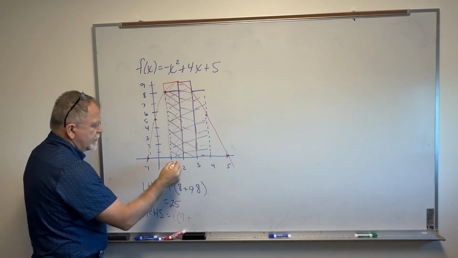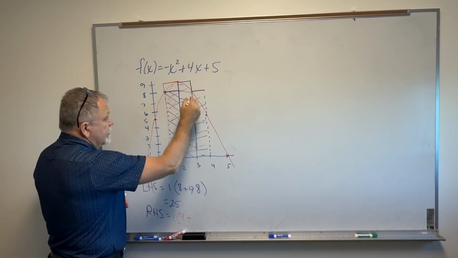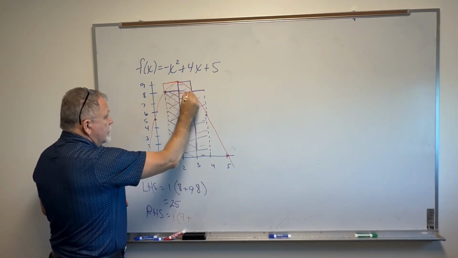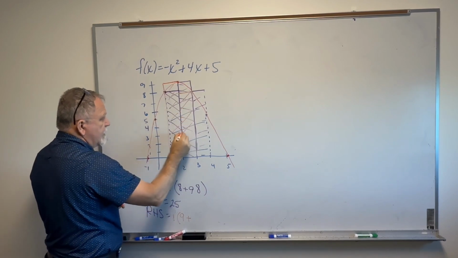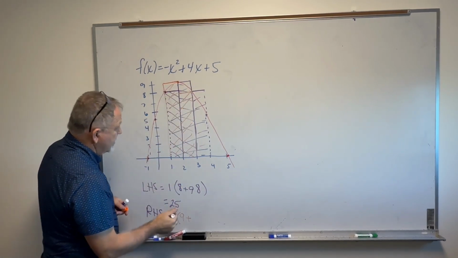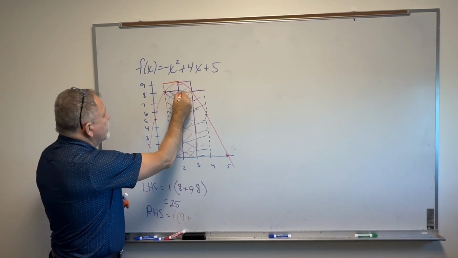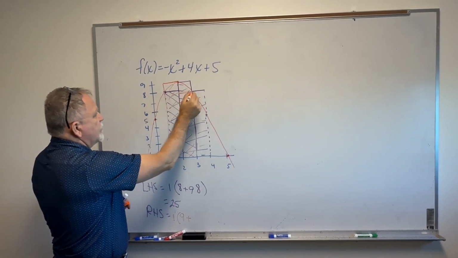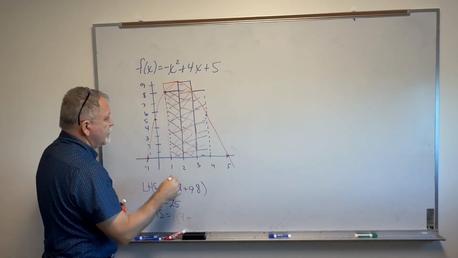Now I'll go to my next rectangle. I go over to 3, go up till I get to the graph right there, and go over 1 unit. So now I'm looking at this rectangle right here. So right below that. And that has a height of 8. These are all supposed to be the same height there, sorry.